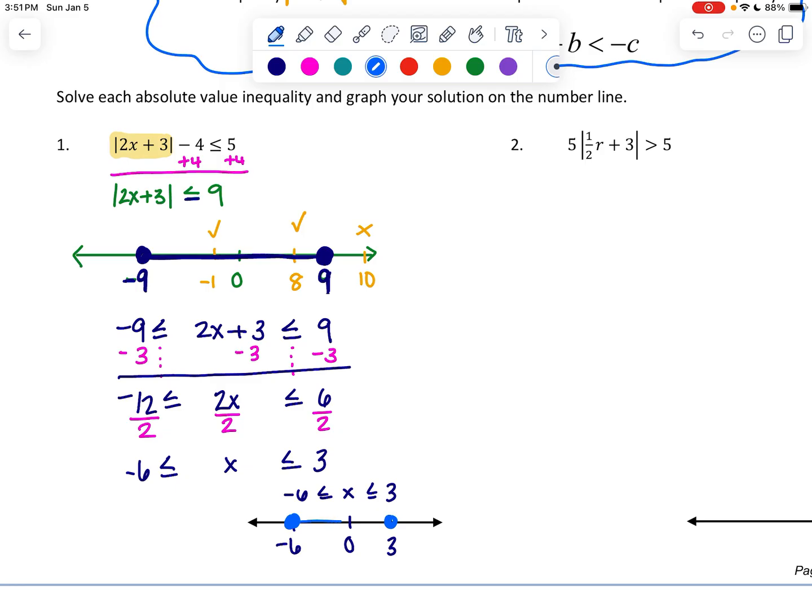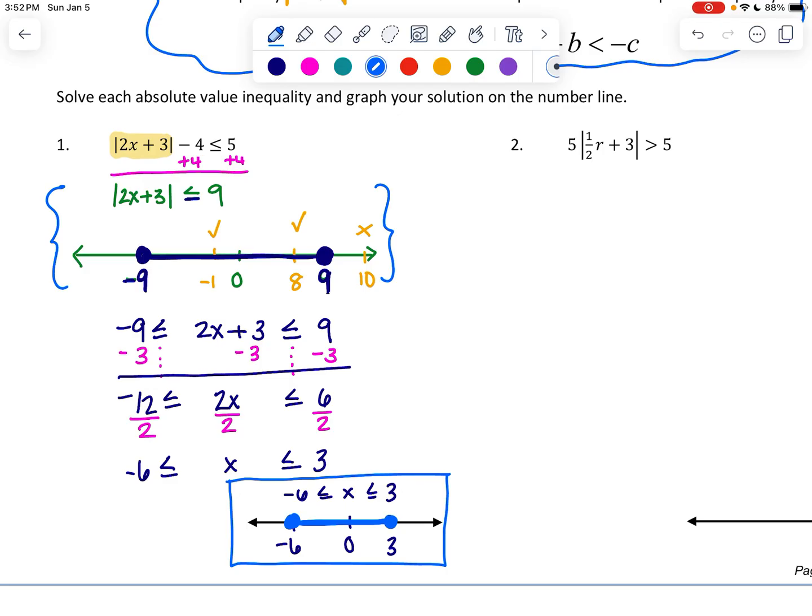And x is in between these values, so you're going to fill in the stuff in the middle. And then this would be your final answer. The only thing that's really, truly new is this part right here, where you're taking your absolute value inequality and turning it into a compound inequality.